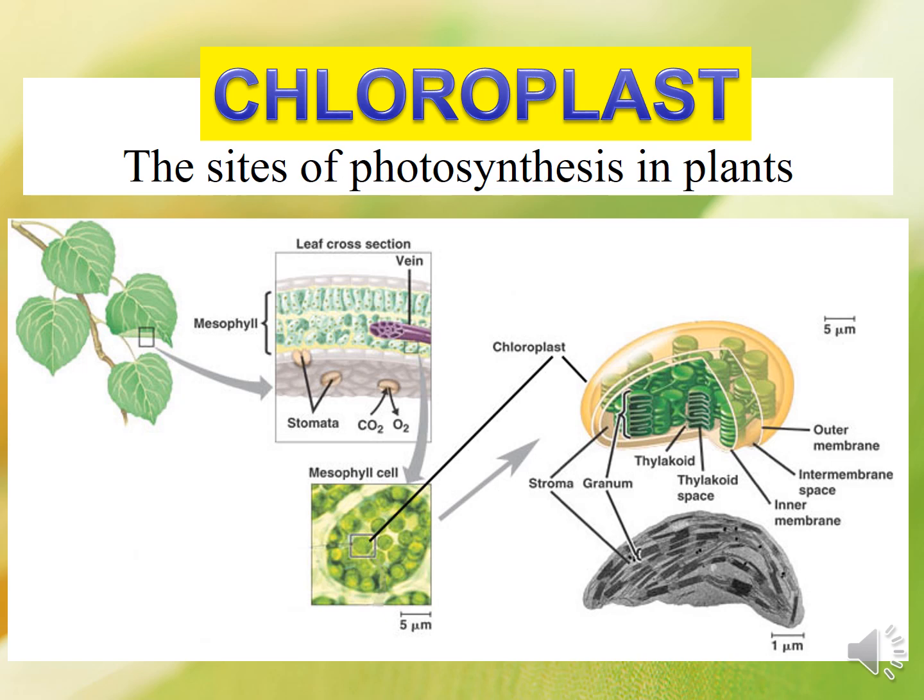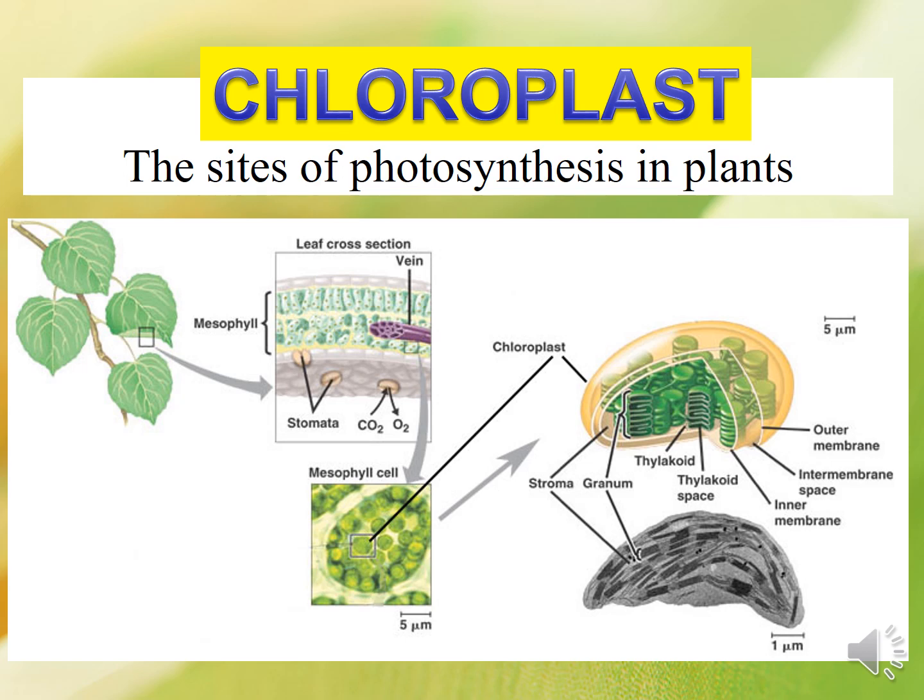Inside all these membranes, there is the green color. For me, I call it a collection of coins, and there are many collections of coins. One collection of coins we call a granum.